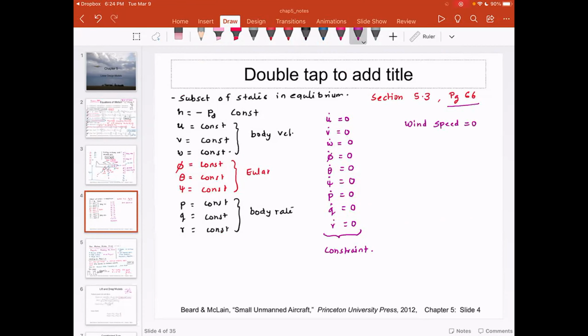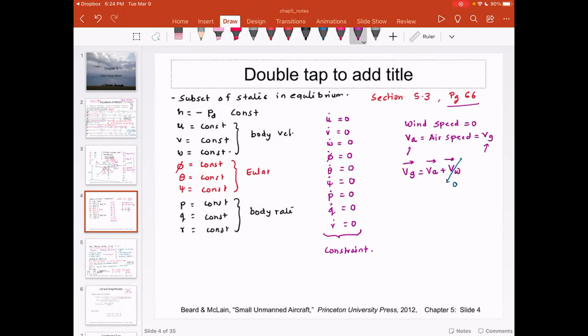So look at the next thing, VA is equal to VG, which means the airspeed is equal to the ground speed, because VG is equal to VA plus VW. Ground speed is equal to airspeed, and since this guy is zero, everything is zero.